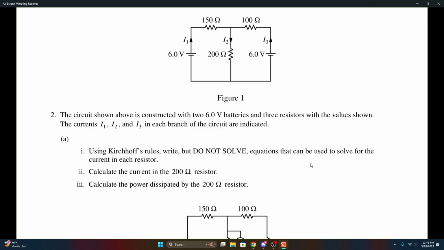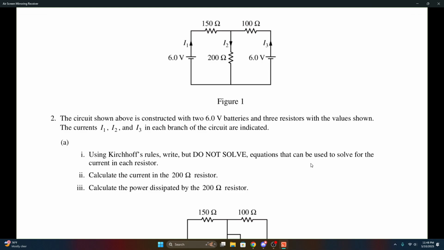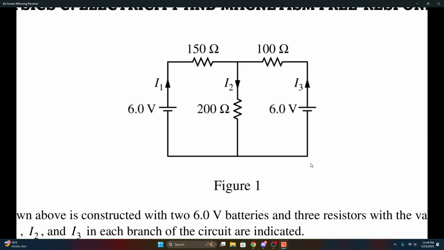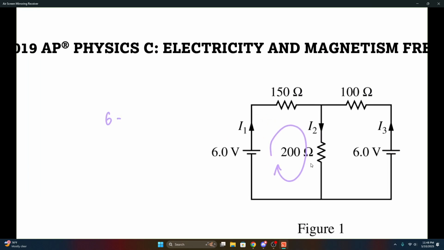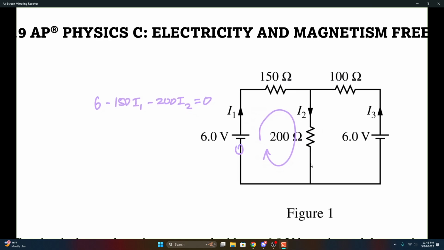Using Kirchhoff's rules, write but not solve equations that can be used to solve for the current in each resistor. Okay, pretty easy. Let's start with this loop. Voltage minus the voltage here from this resistor minus the voltage here from that resistor equals nothing, because we start and end at the same spot, so the voltage difference should be 0.